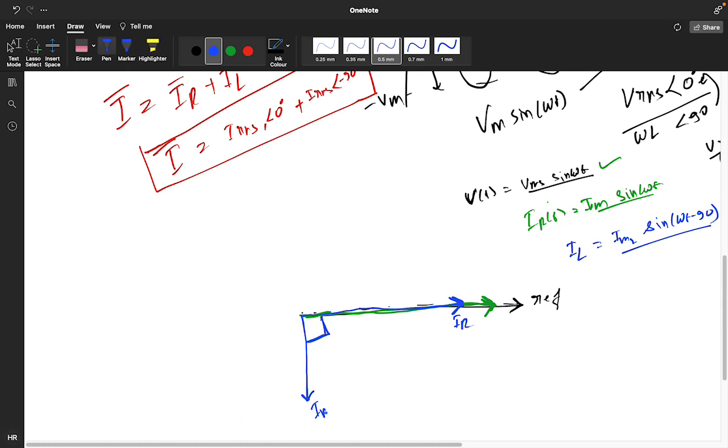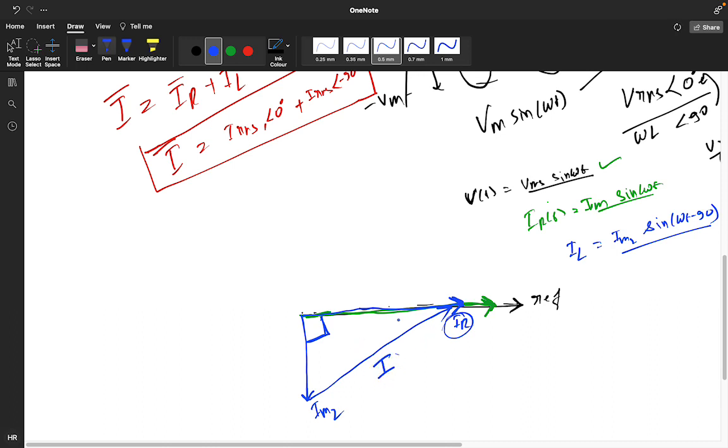This is your Im2. Okay, now you have the Im2 current and you have the IR current. Im2 plus IR will give you the overall current.